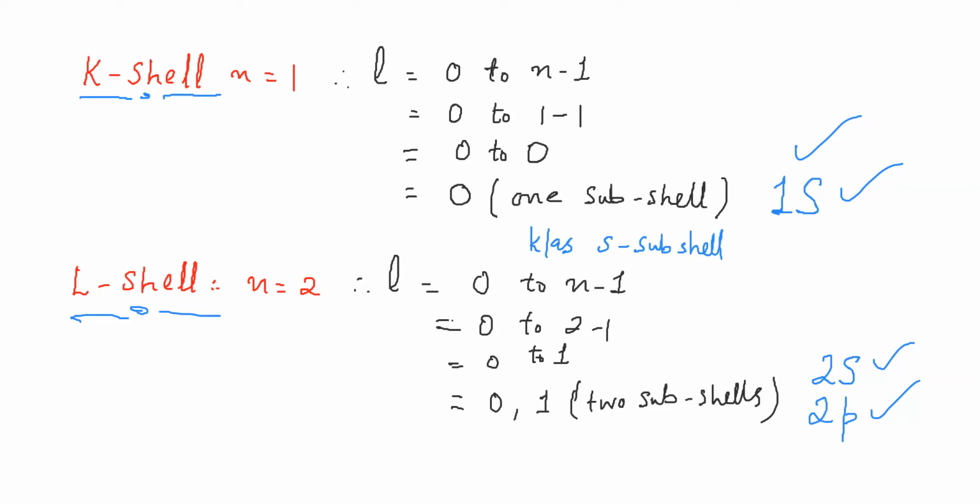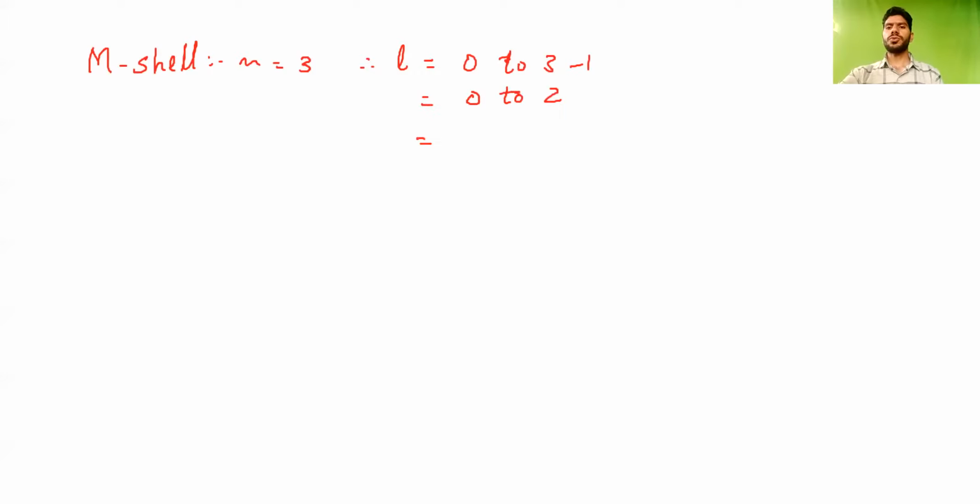Yes, sir. Okay, so let me write M shell, that is the third shell. What is the n value for this M shell? N value is 3. So L value will be 0 to n minus 1, that is 0 to 3 minus 1, so 0 to 2. 0 to 2 means 0, 1 and 2, right?